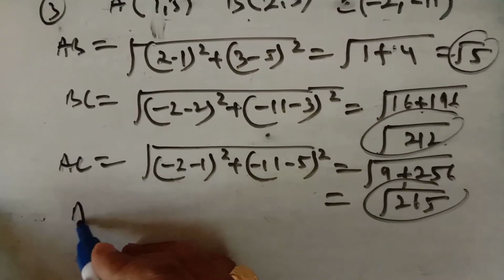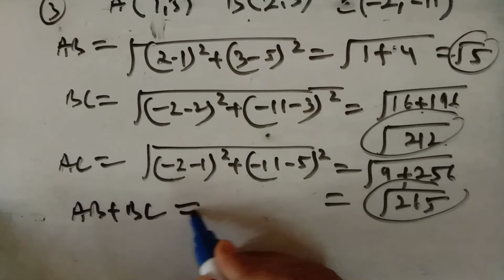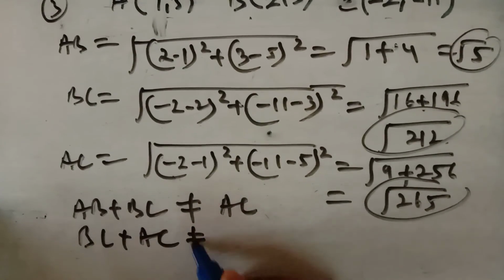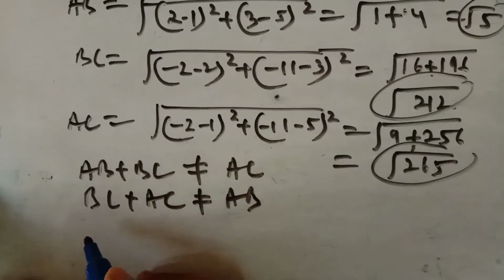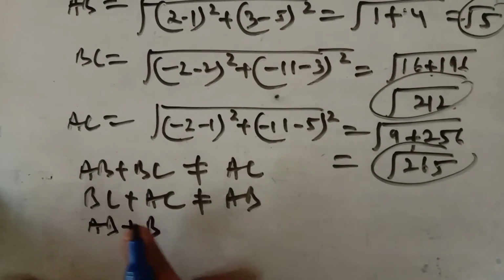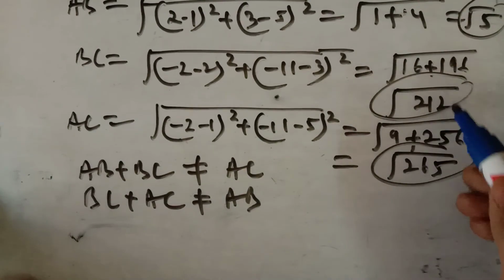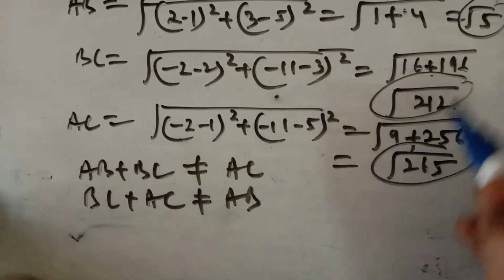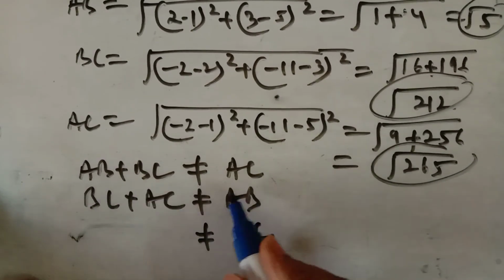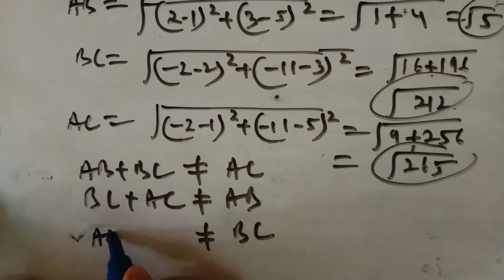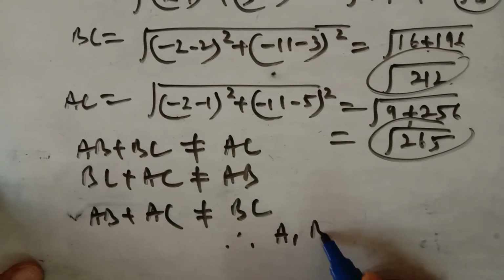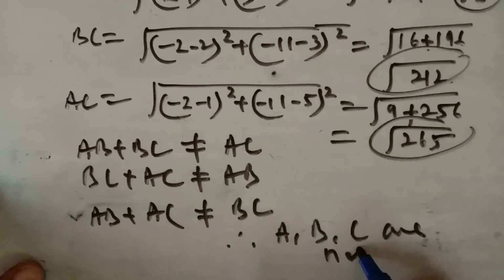That is, AB plus BC is not equal to AC, BC plus AC is not equal to AB, and AB plus AC is not equal to BC. So therefore A, B, C are not collinear.